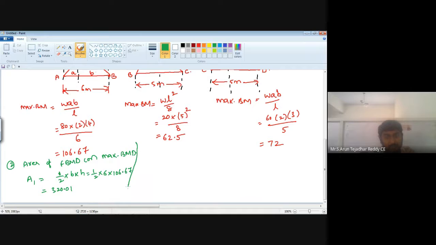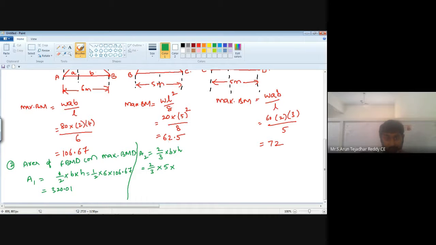Coming to the second area, A2. See, it is a parabolic shape. It means the area of a parabola. Already you know that the area of a parabola is 2 by 3 into base into height. Here the base is 5 meter. The height is WL square by 8.